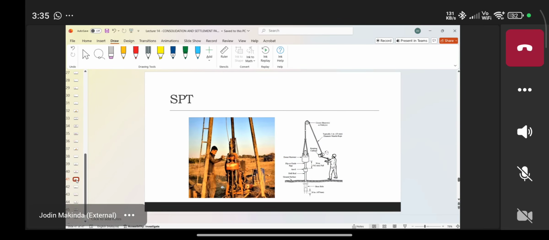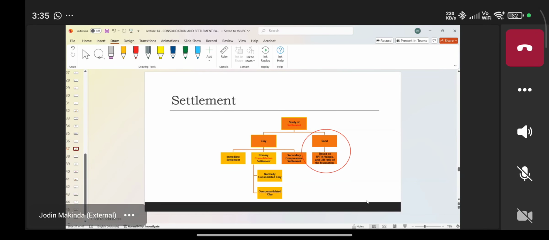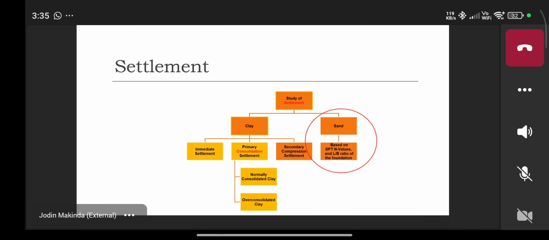In conclusion, today we have covered the study of settlement. On clay, we have covered immediate settlement, primary consolidation, and secondary compression.